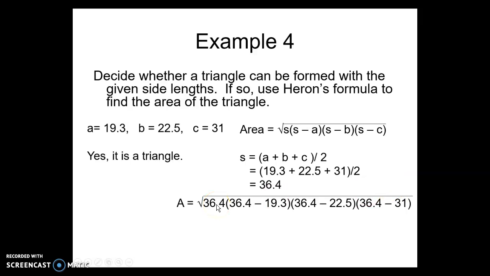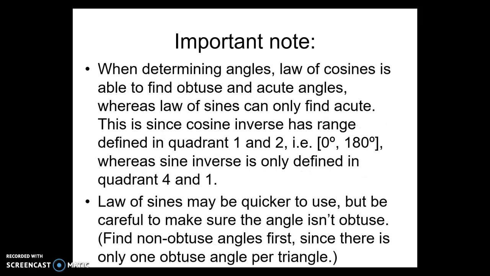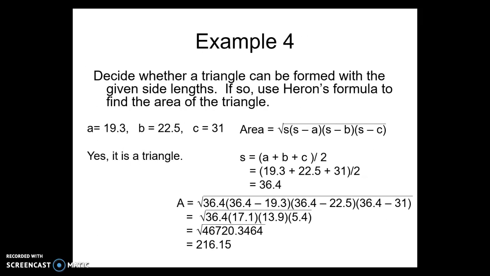You basically put everything underneath the calculator. You could wait to do the square root at the end if you want to. And there you have it. You've just figured out the area without knowing the height, you just knew the sides, which is kind of cool.